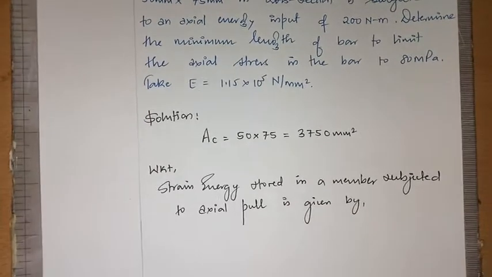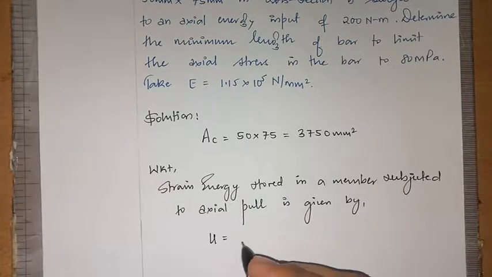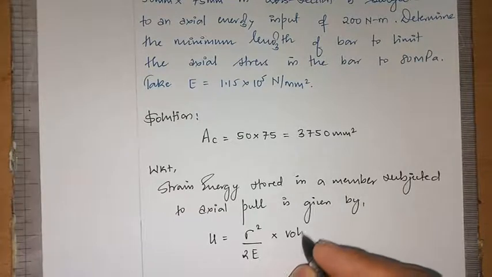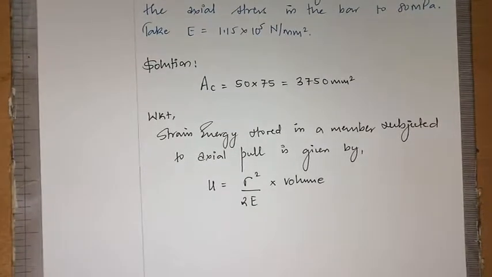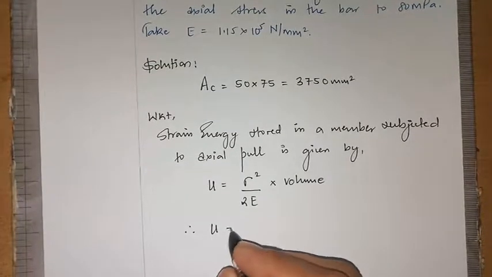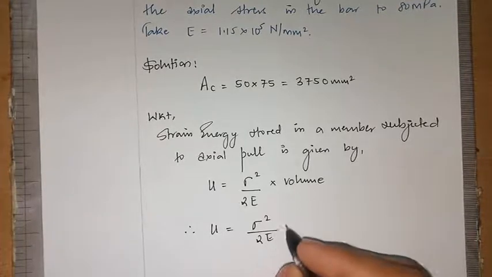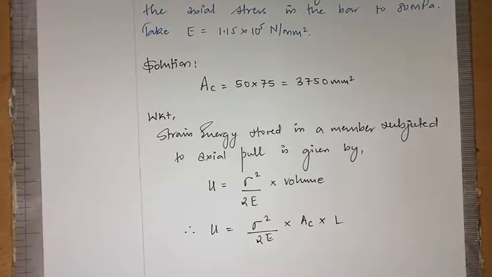This was my first derivation while teaching you the theory part. So it is given by U is equal to 1 by 2, or you can call it sigma square divided by 2E into volume. All of us know this expression. Therefore U is equal to sigma square divided by 2E into volume, which I'll write as AC into length, cross sectional area into length.